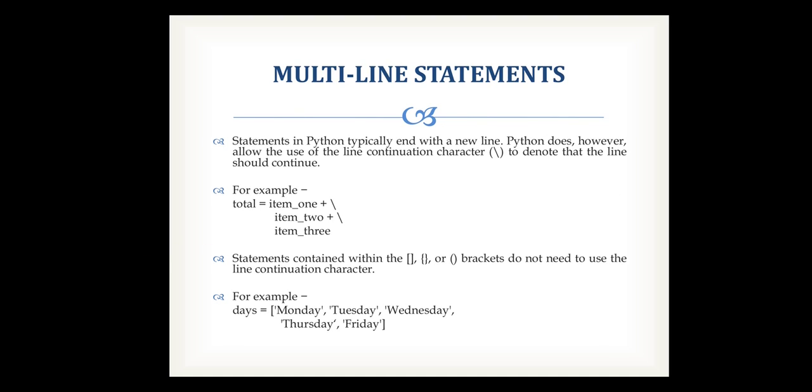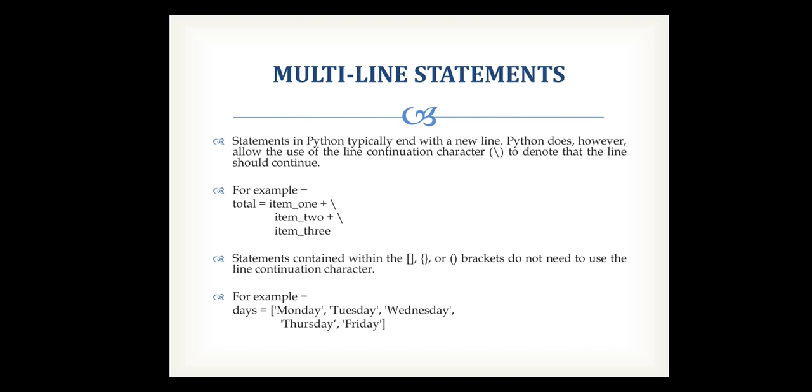Next, multi-line statements. Statements in Python typically end with a new line. Python does, however, allow the use of the line continuation character, that is the backslash, to denote that the line should continue. For example, see this, we are specifying one variable, total. You can directly write it in a single line: item1 plus item2 plus item3.